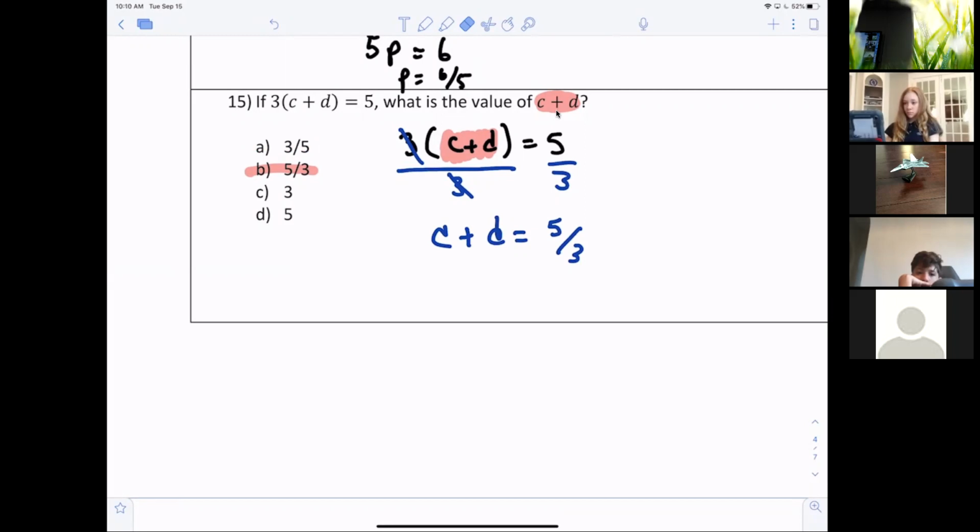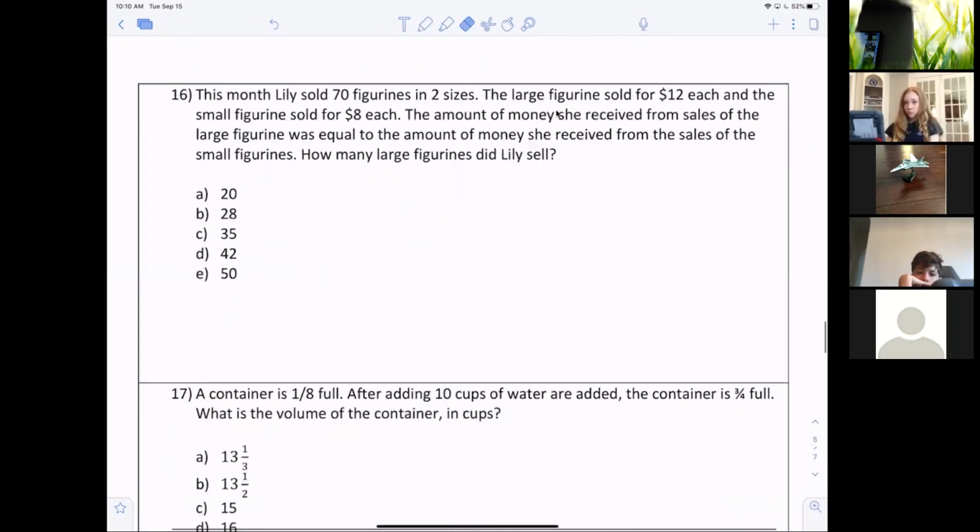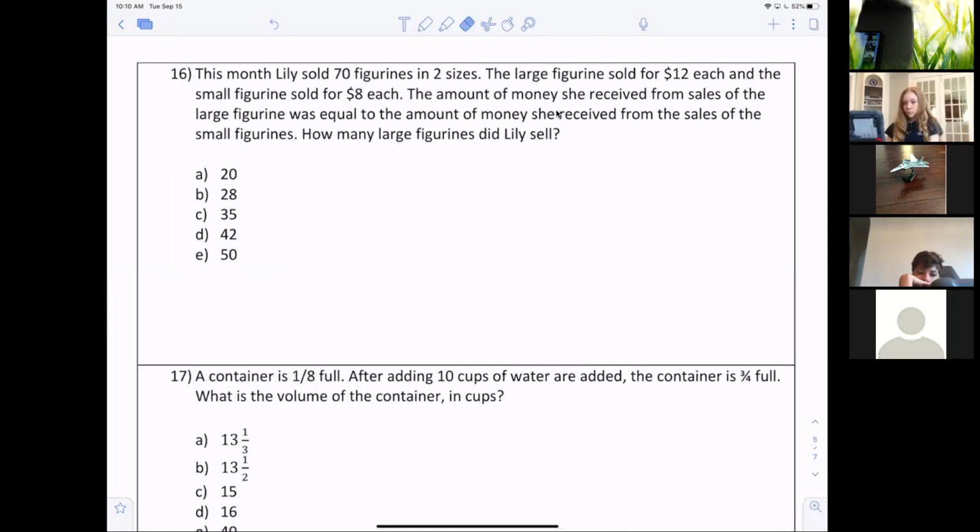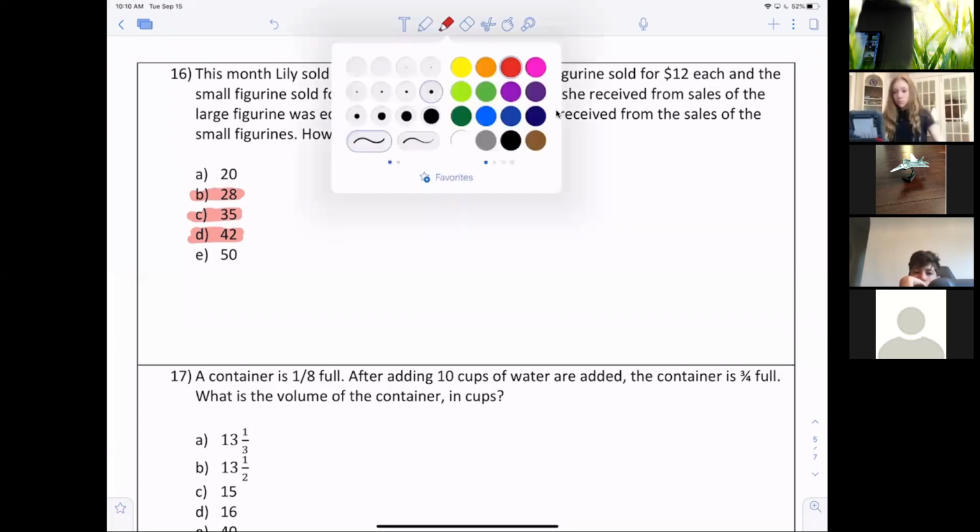All right, let's take a look at 16. Now, this is the one that's really troubling. What did you get? 42 so far, good. Somebody else, what did you get? 42, good. Somebody said 35, I'm liking it, good job. Kara, what did you get? 28. Anybody got A or E? 35, another one for 35.